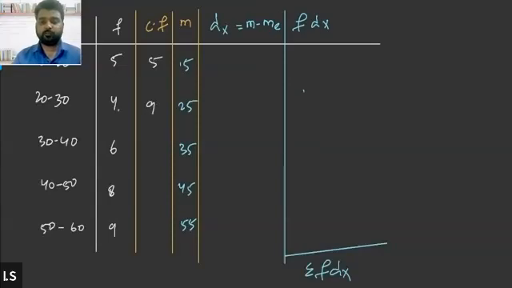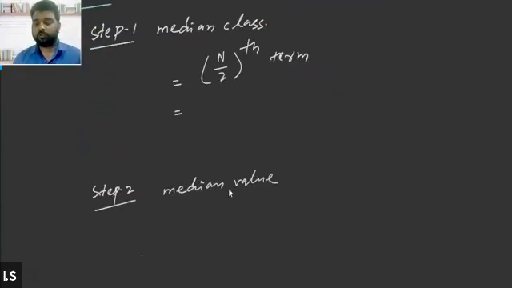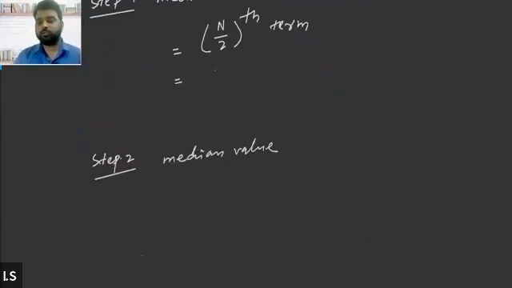So 5 plus 4 is 9, plus 6 is 15, plus 8 is 23, plus 9 is 32. The last item of the cumulative frequency indicates the total number of items. Alternatively, you can also sum the frequencies, which will also give you the total number of items. Anyways, the last value of the cumulative frequency is the number of items. So 32 are the total number of items, and 32 by 2 is 16.